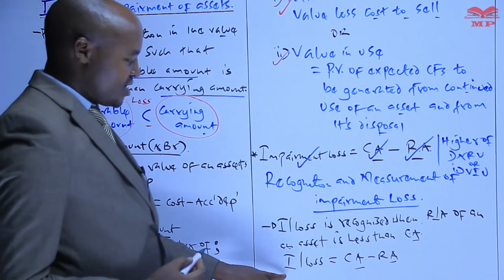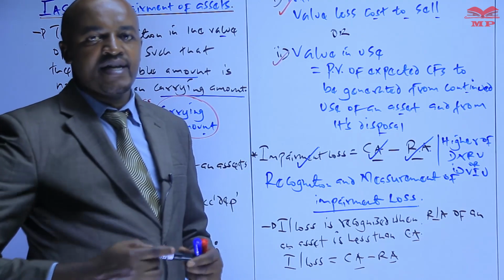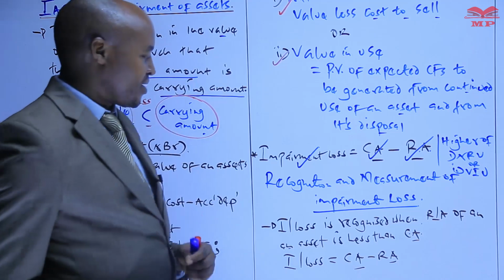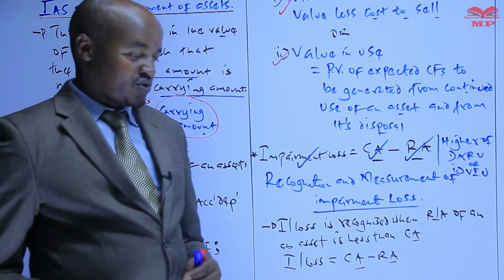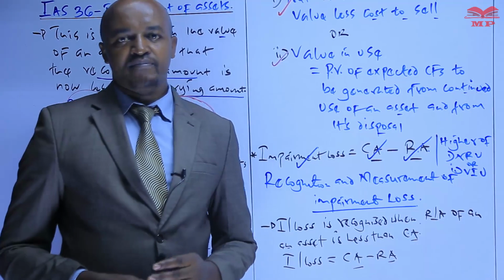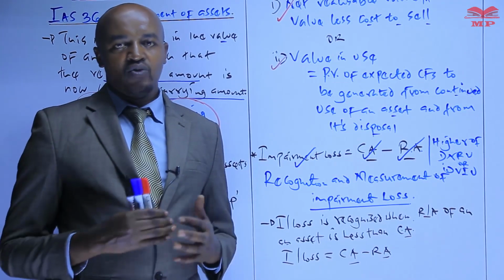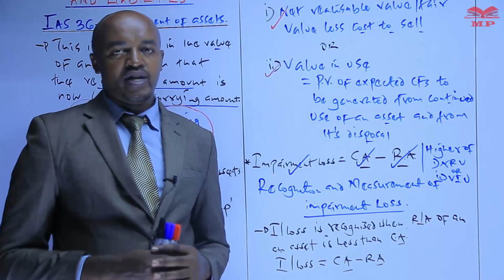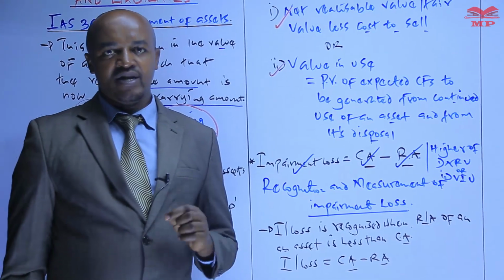Now, this particular impairment loss which has been determined, how is it then accounted for by the company? The accounting treatment of this impairment loss depends on the model used by the company, as permitted under IAS 16.